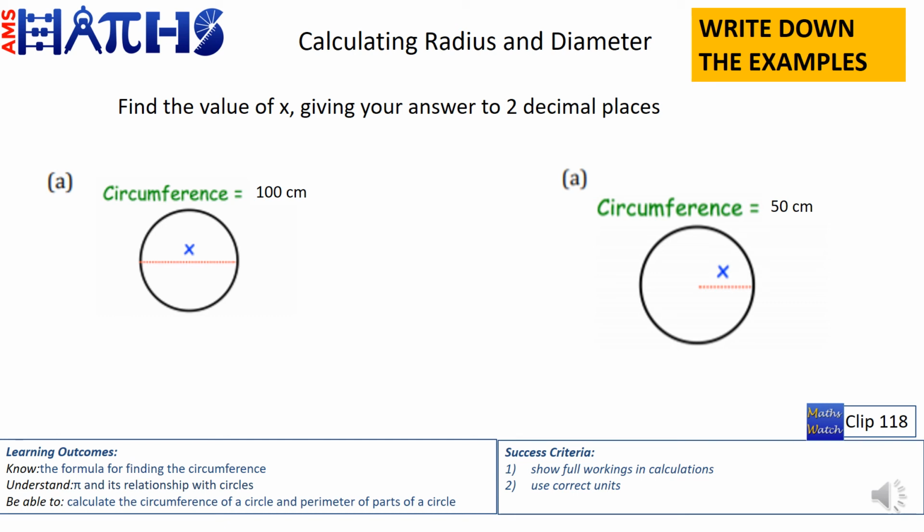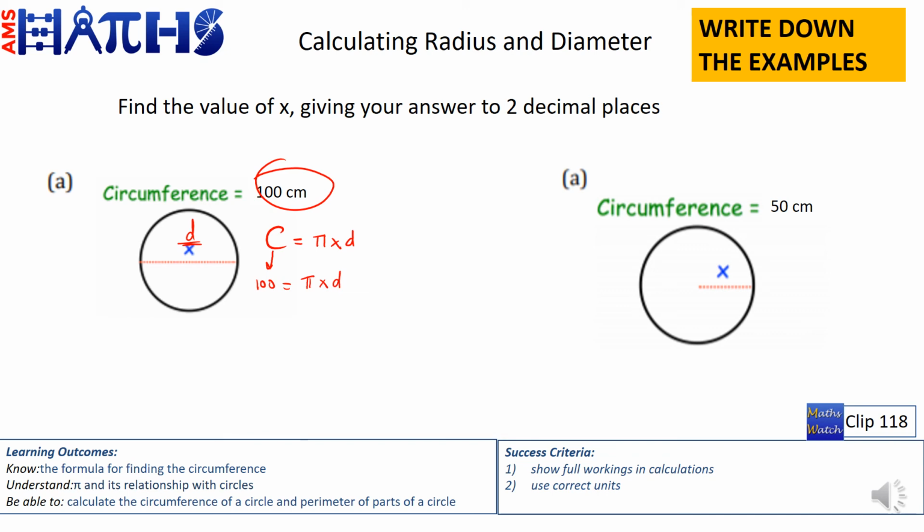So for the first one, it says find the value of x, giving your answer to 2 decimal places. So we've been given the circumference and we need to find x, and x is our diameter. Okay, so we need that formula with the diameter, circumference equal pi times d. Then we'll substitute the circumference, which is 100, write back pi times d.